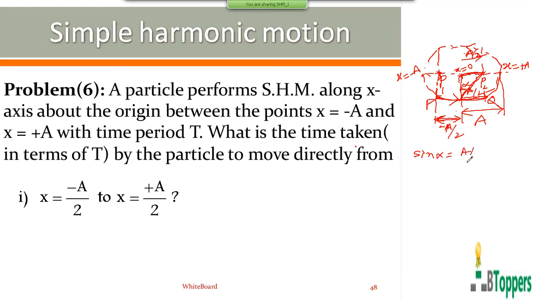Sine alpha equal to A by 2 divided by A, or 1 by 2. So alpha is 30 degrees, or if you convert into radian, that is pi by 6 radian. This will also be equal to pi by 6 radian.